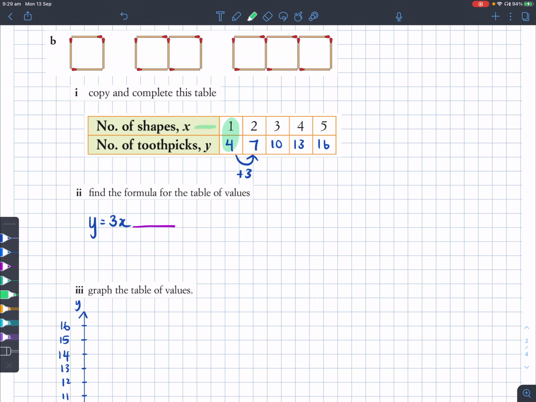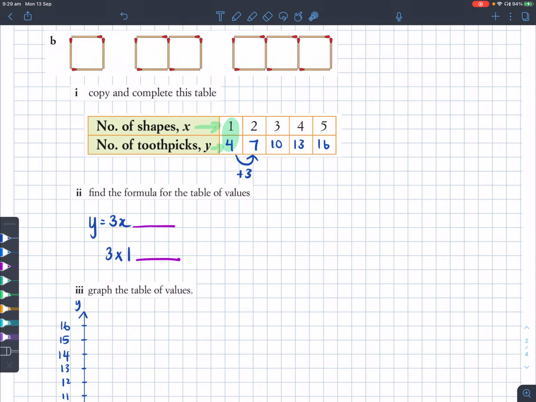So when x is 1, we know y is 4, right? So if I do 3 times x, which in this case is 1, plus or minus something, so there might be some value here that we don't know of.